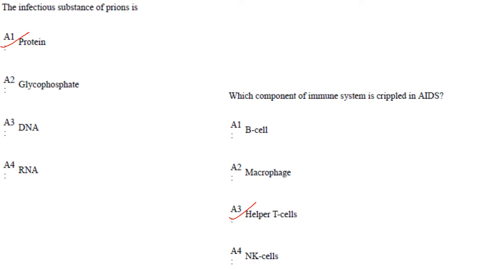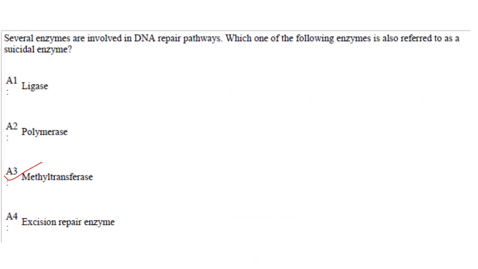So HIV cripples the immune system and it will destroy the immune cells called CD4 T cells, which are usually activated during the early HIV infection by type 1 interferons. Now CD4 T cells are also known as helper cells because they signal another type of T cell, that is CD8 plus T cells, to destroy HIV infected cells. So the answer here is helper T cells.